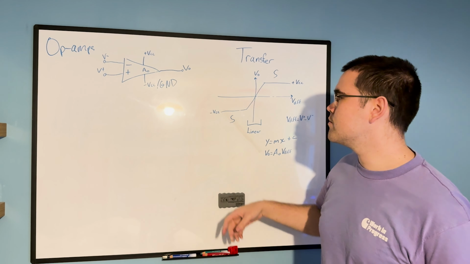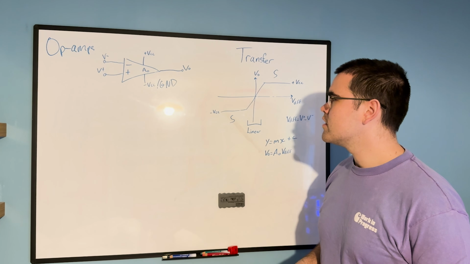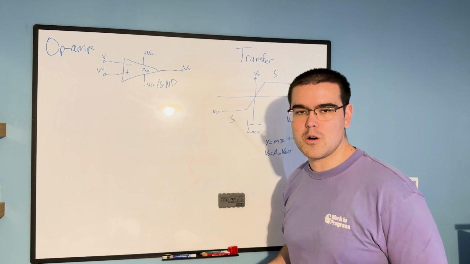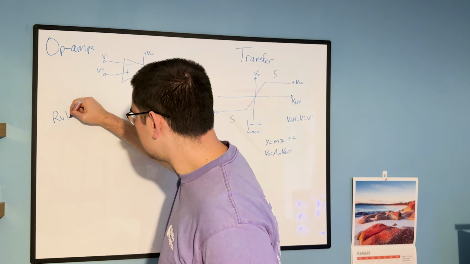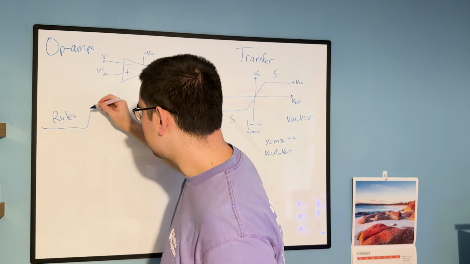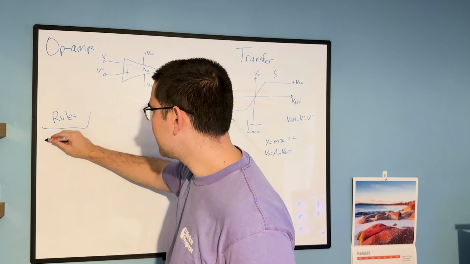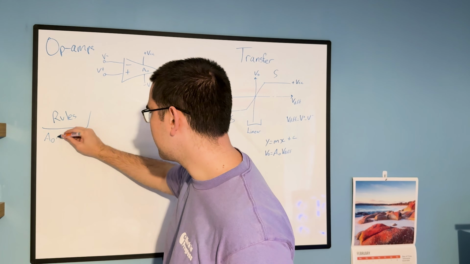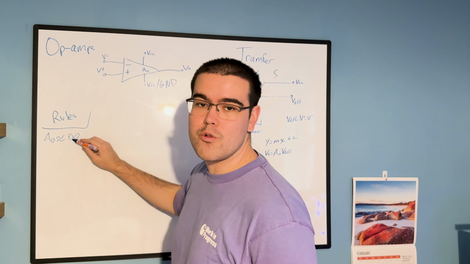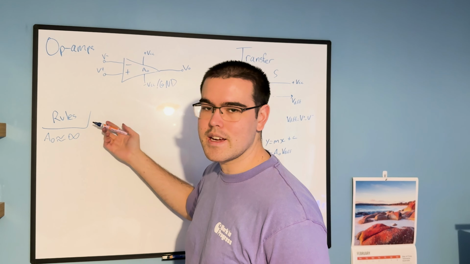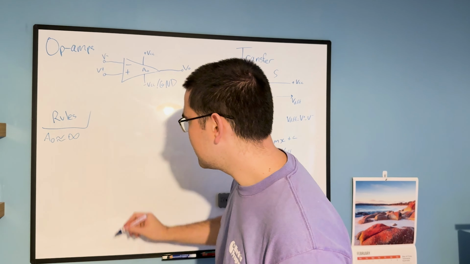We also have some, I suppose, ground rules of the op amp. We have an open loop gain when there is no feedback of the op amp. And this is really big. In the ideal case, it's actually infinity.